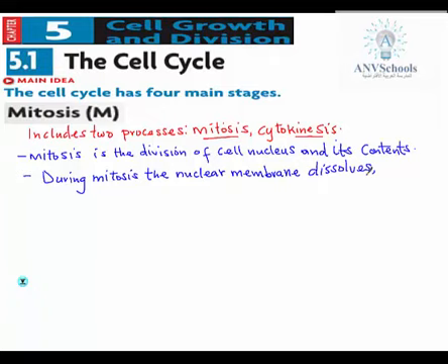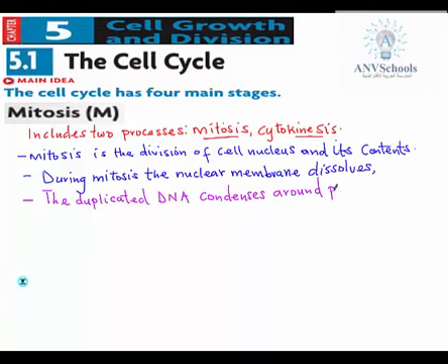The duplicated DNA condenses around proteins and separates, and the two nuclei form around proteins.